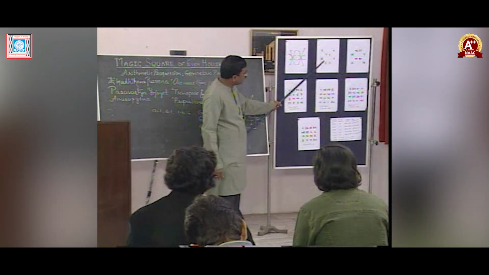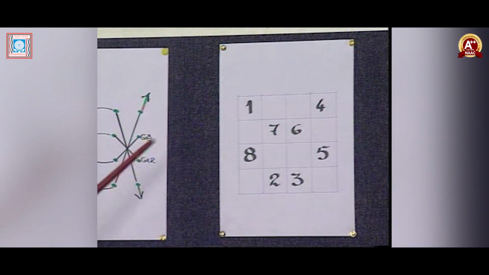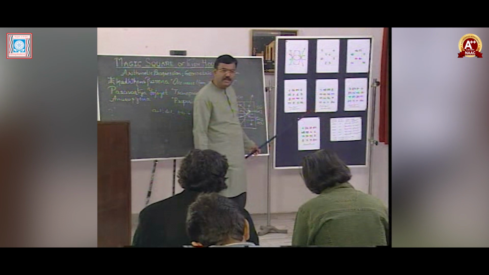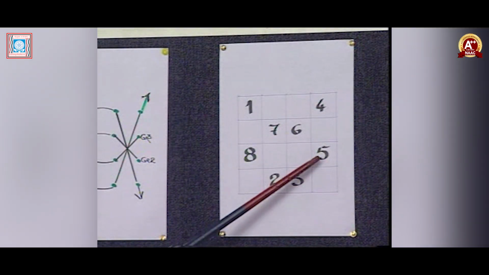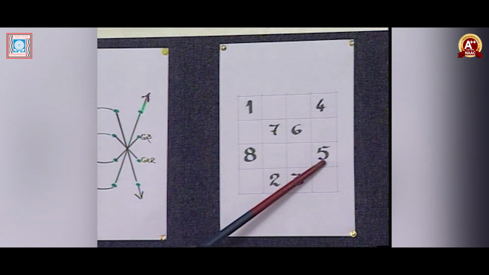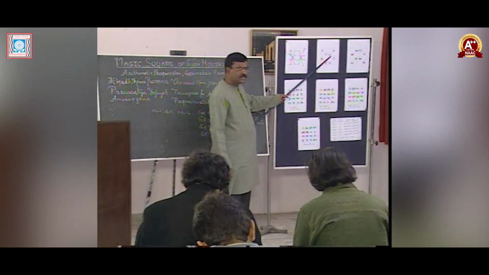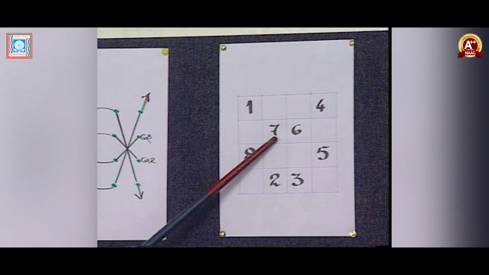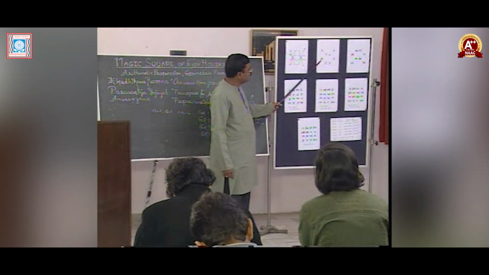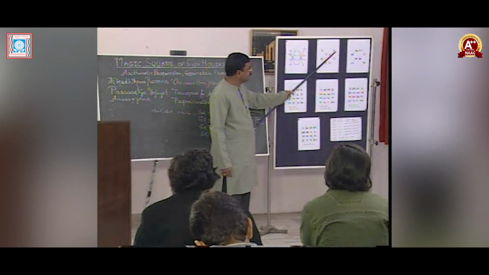This is in the anti-clockwise direction. Let us select the second group, 5 to 8. Feed that from the third row fourth column in the anti-clockwise direction: 5, then 6 in the second row third column, 7 in the second row second column, 8 in the third row first column. These two groups are in the anti-clockwise direction.